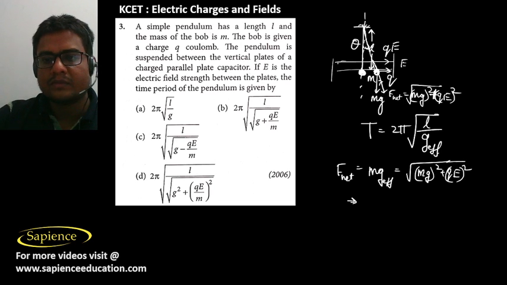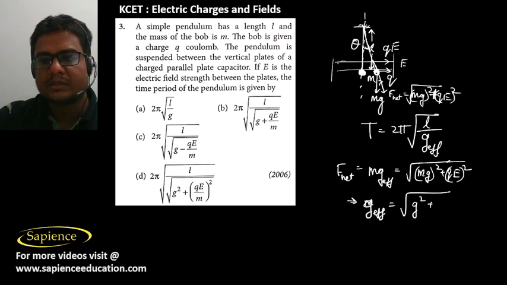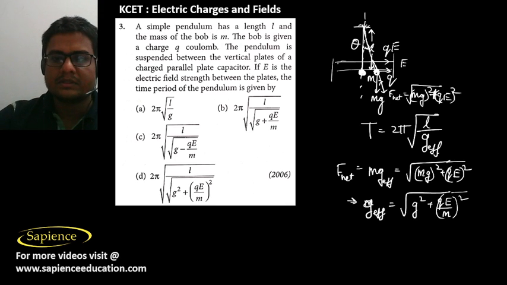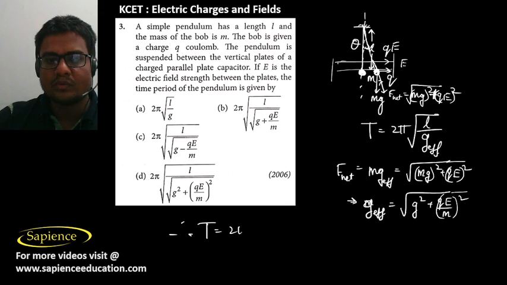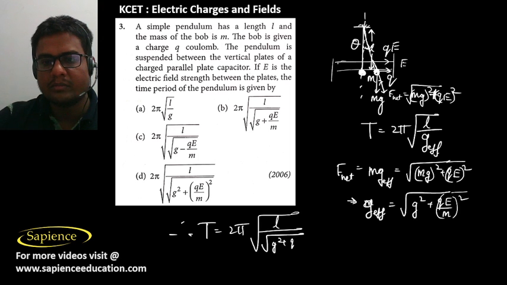Therefore g effective will be equal to the square root of g square plus QE by m whole square, as m square gets cancelled. So the time period of the pendulum will be 2 pi root under L by square root of g square plus QE by m whole square.